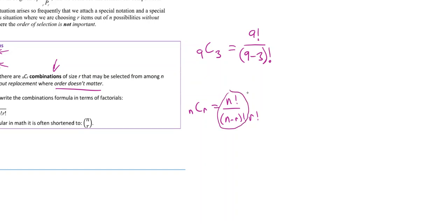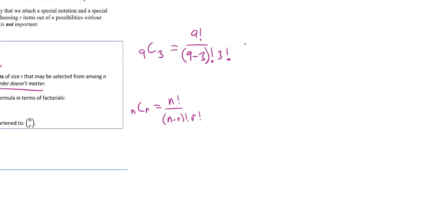That was our equation from last time. And then after that, we've just got 3 factorial. All right, so let's write this out again. So this would be 9 factorial over 9 minus 3, which is 6 factorial, and then 3 factorial.